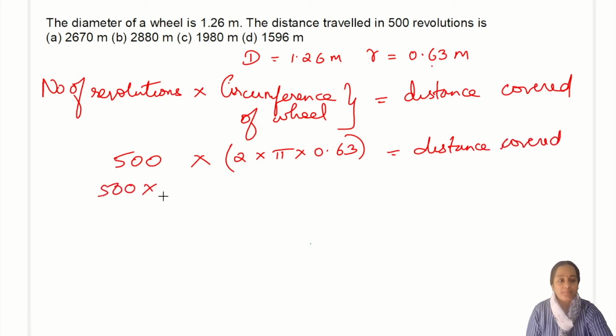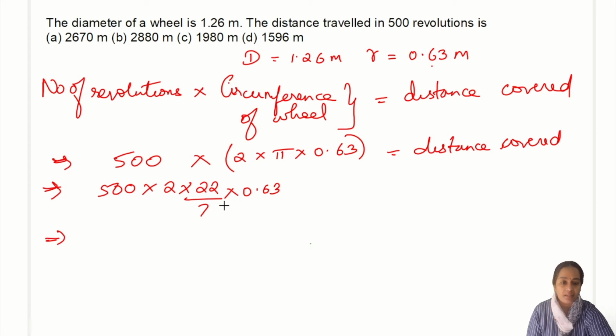Now 500 multiplied by 2 into 22 by 7 multiplied by 0.63. What happens here, children? So here this 7 and 0.63 will get cancelled. So you get 0.09 there.